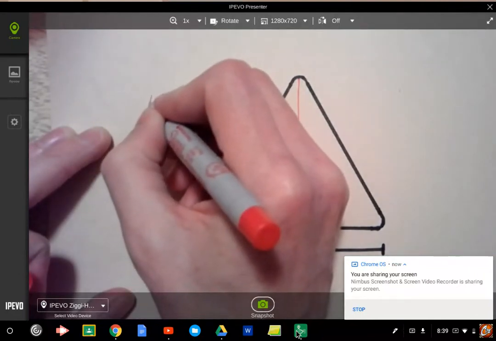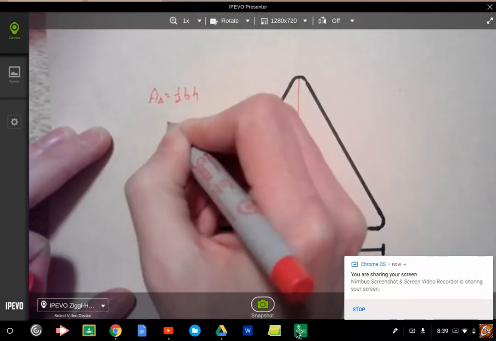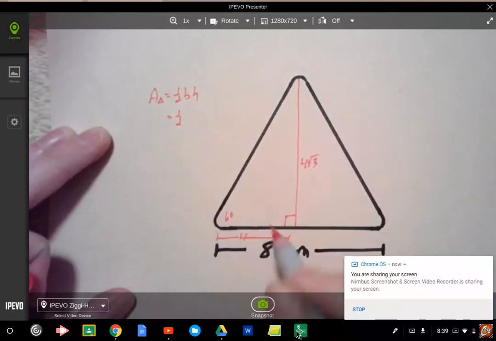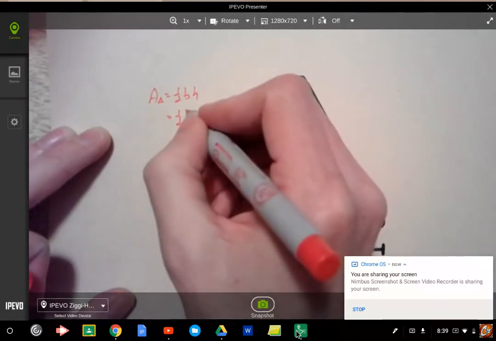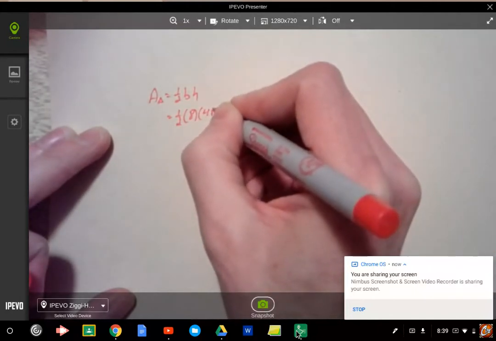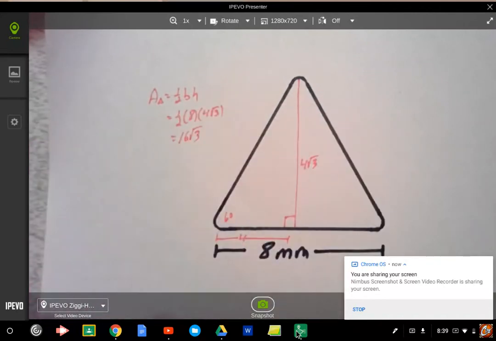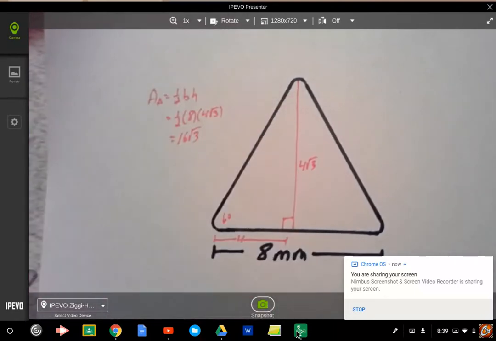So that means the area of this triangle is 1/2 base times height. So that's 1/2. My base of the triangle is 8. The height of the triangle is 4 radical 3. And that gives me 16 radical 3. So having the area of that base is going to be very important. Let's talk about why that's important, and then we'll come back to this.